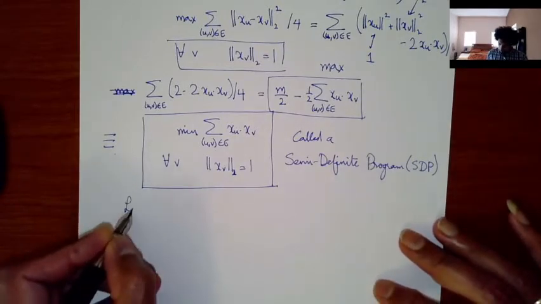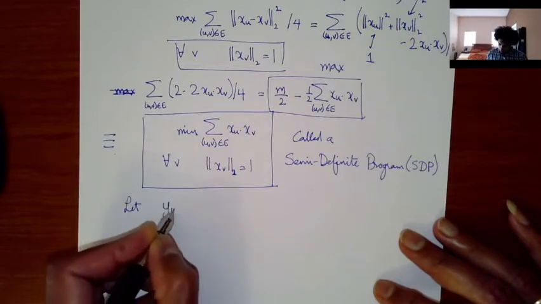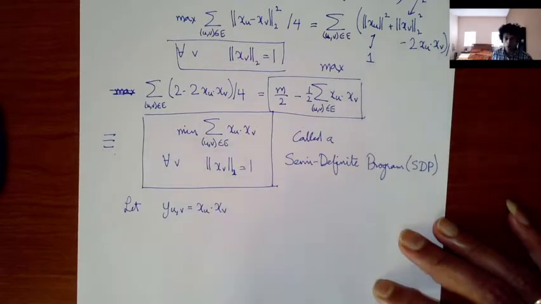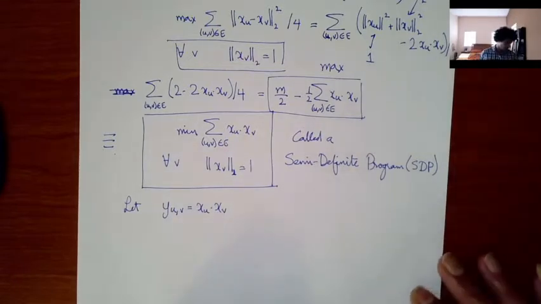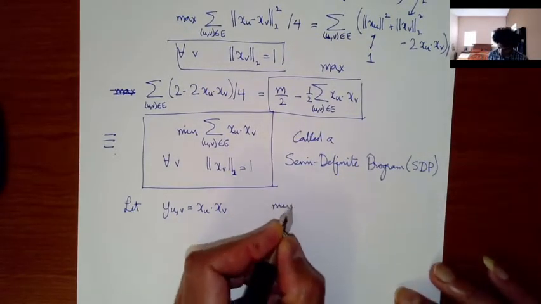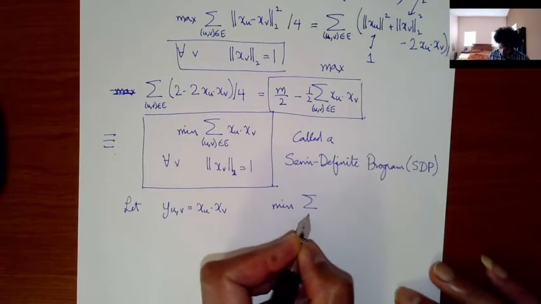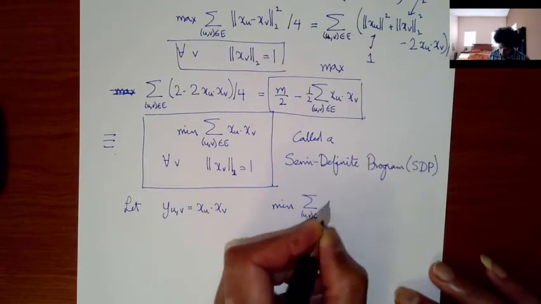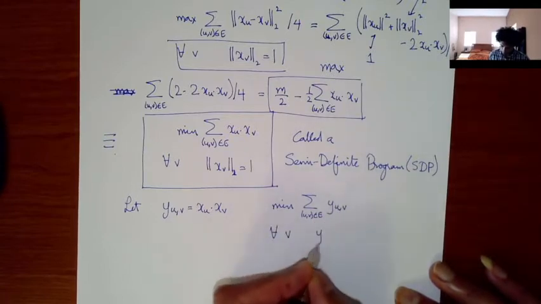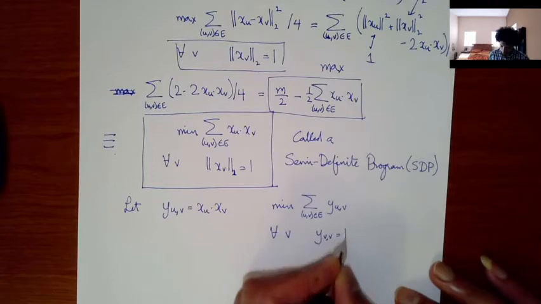Let yuv be equal to xu dot xv. If I were to write this, I could write it as simply the minimum over all edges uv of the sum of yuv, and then for all v, yvv is equal to 1.